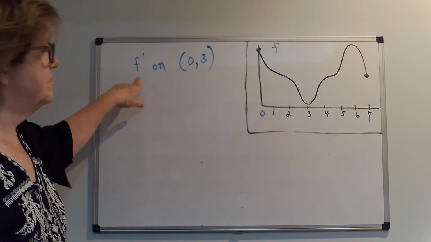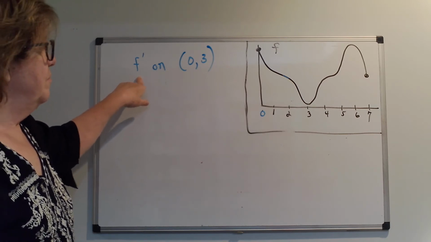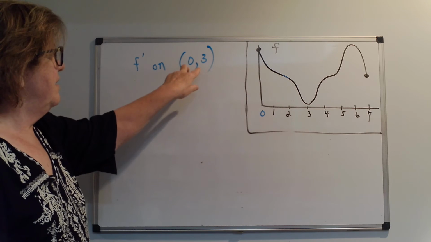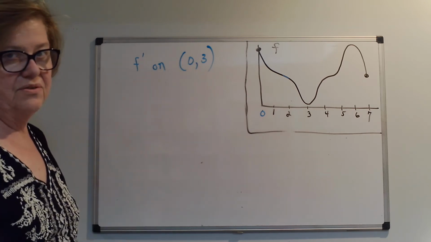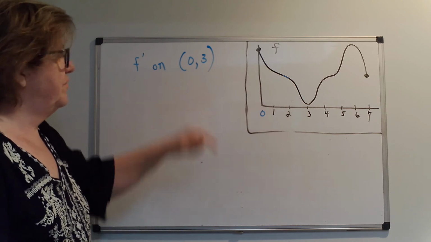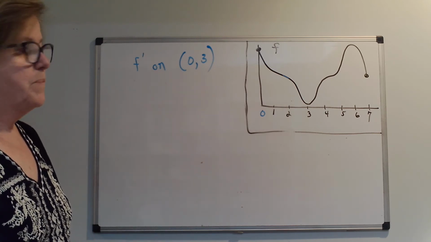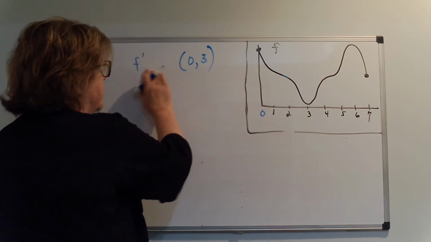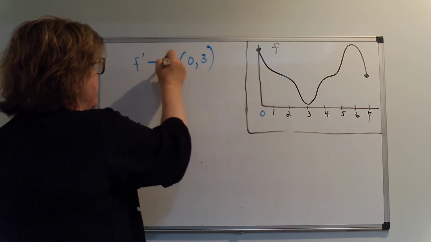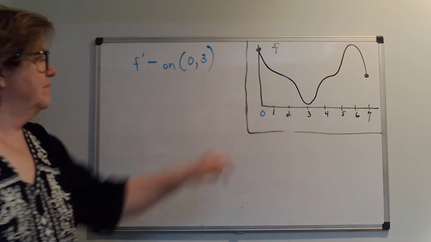And that makes the most sense. We're saying that for any 2 points in there, the function is decreasing. We leave off the endpoints. f prime is negative on that interval.